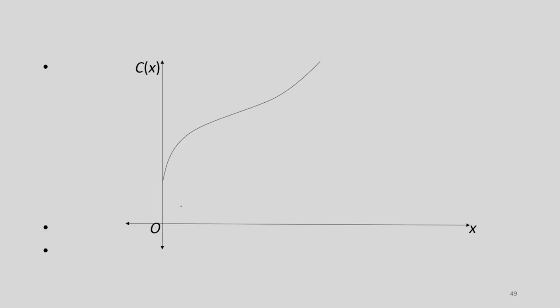Initially, as the output rises, the cost is rising at a very steep rate, but then as the output rises, the cost is rising at a slower rate, and finally it again starts to rise at a very fast rate. So, this can be represented by a cubic function.